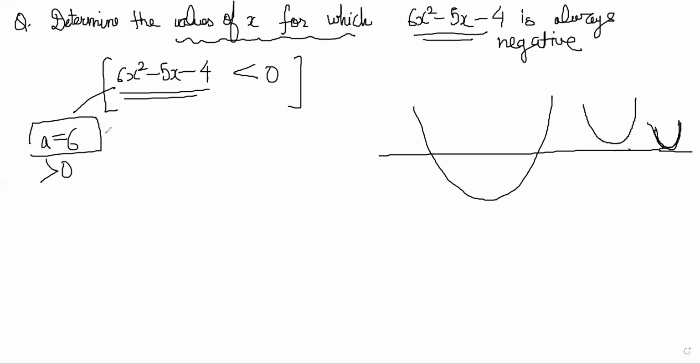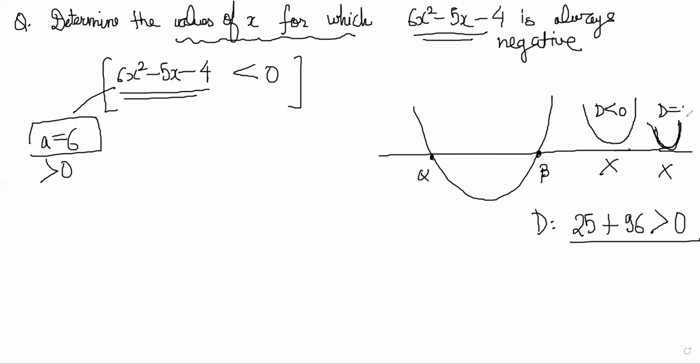Now, what is the discriminant of this quadratic? Discriminant is equal to b square minus 4ac, which is 25 minus minus, so plus 4 into 4 into 6, right? So 25 plus 96, which is positive. If discriminant comes out positive, then that means that the graph has two real and unequal roots, right? This is the graph basically. I have rejected this graph and this graph because this was for D less than 0 and this was for D equal to 0.